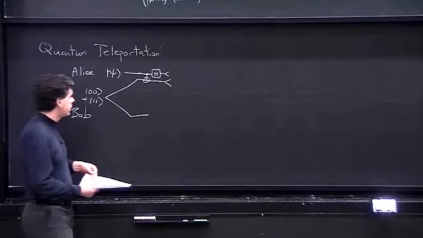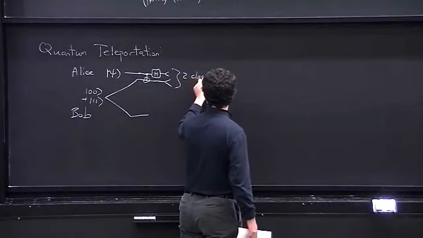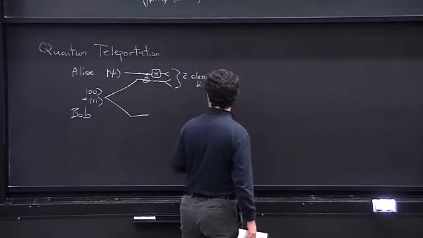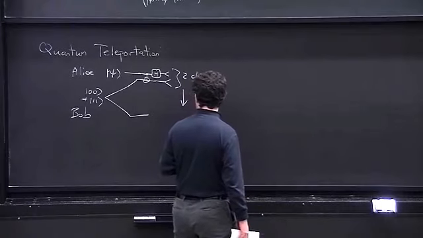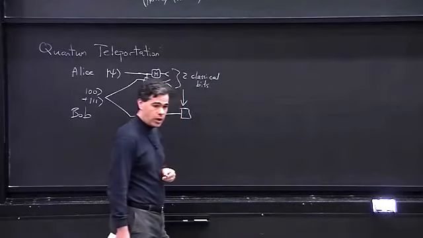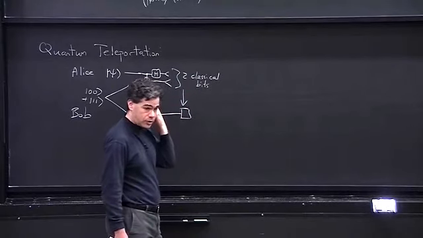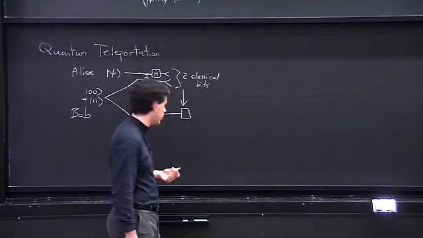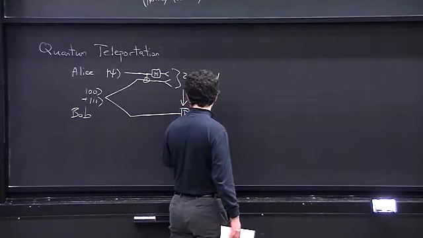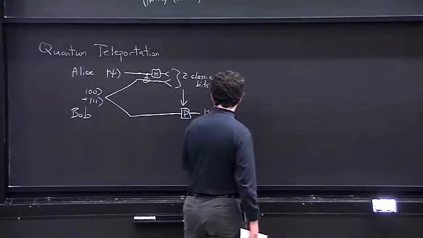So Alice gets two classical bits out of these measurements, and she sends them to Bob. And then Bob, based on those 4 possible outcomes you could get this way, 2 classical bits, will do one of the 4 Paulis, depending on which outcome it is. And then based on that, he gets back the original state psi, exactly.